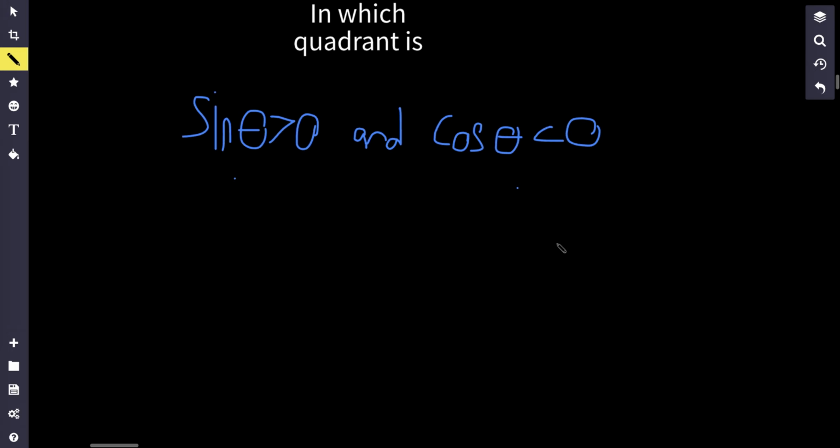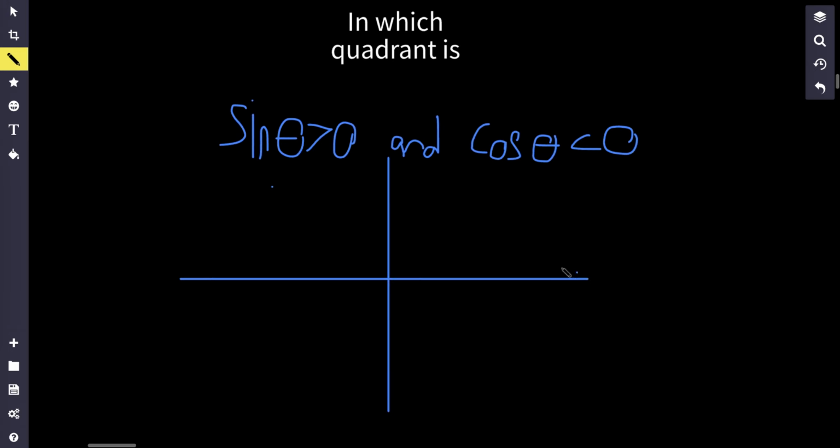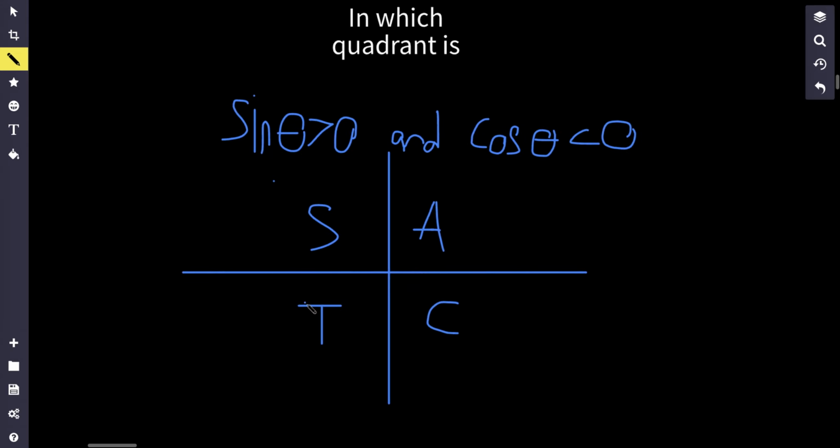In which quadrant is sine of theta greater than 0 and cosine of theta less than 0? So what you got to remember is this phrase, all students take calculus.